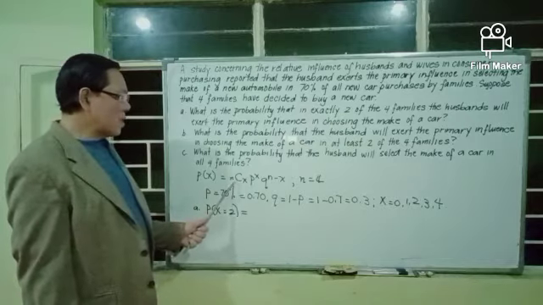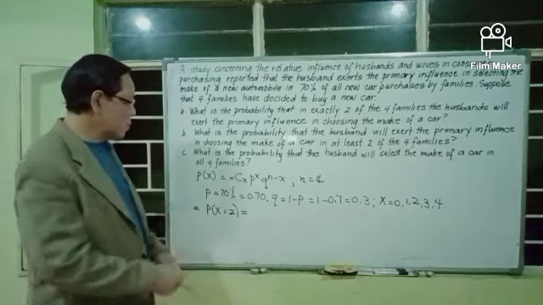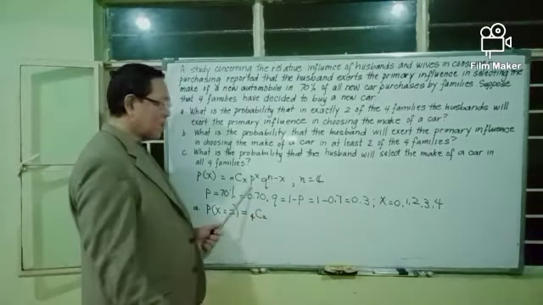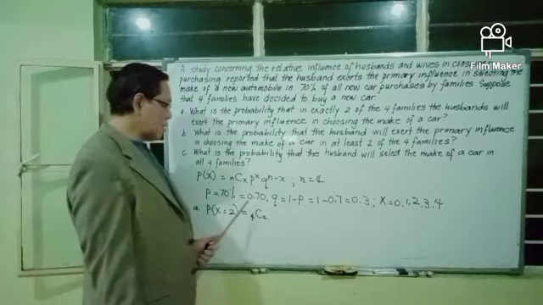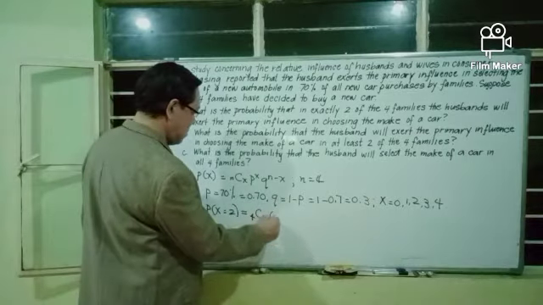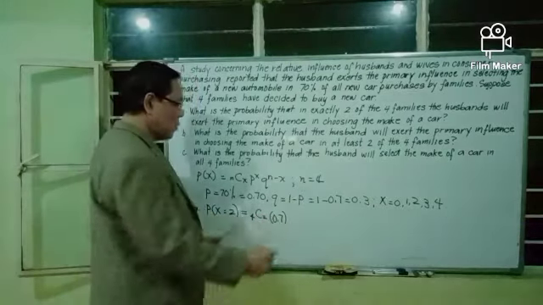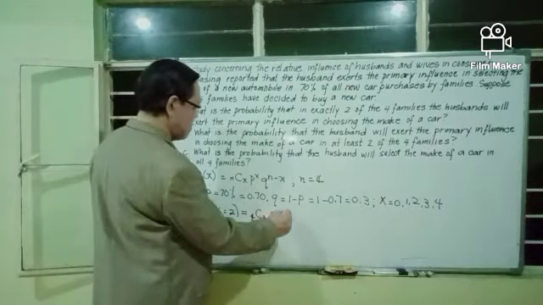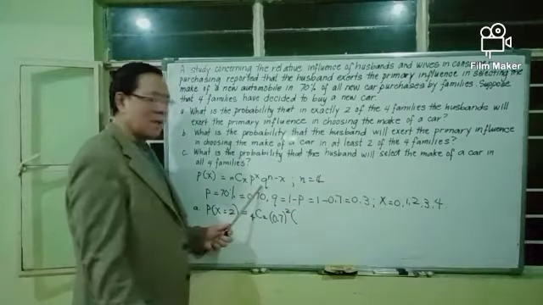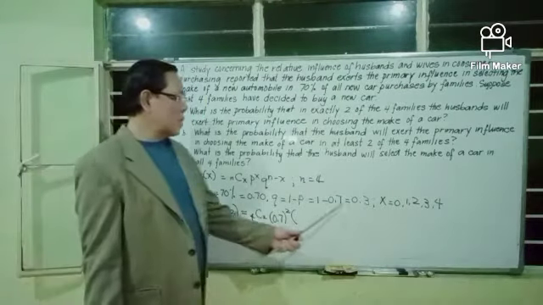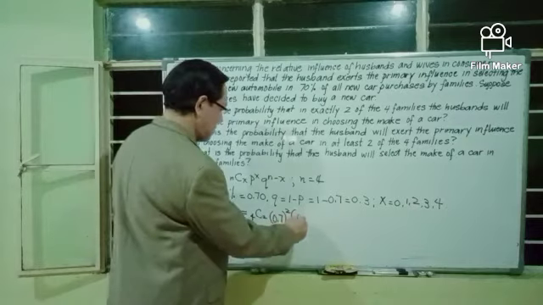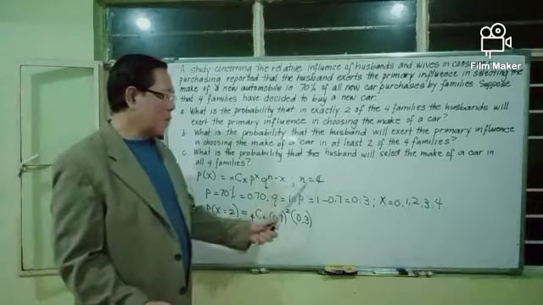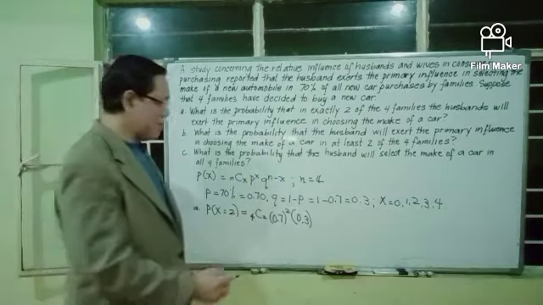And using this formula, we have combination of 4 taken 2, multiplied by P, the probability of success, 0.7, to the power X, X is 2 for letter A, multiplied by probability of failure, Q is 0.3, to the power N is 4, minus X is 2.